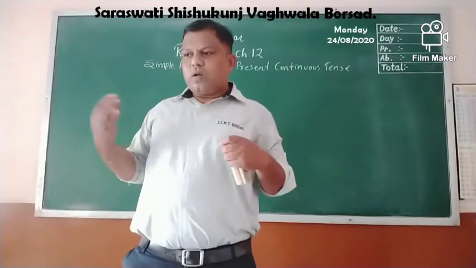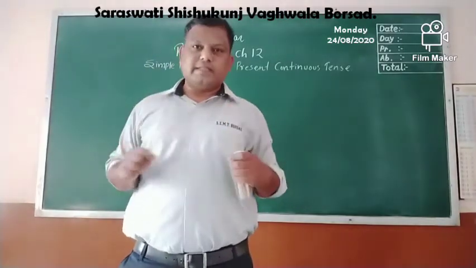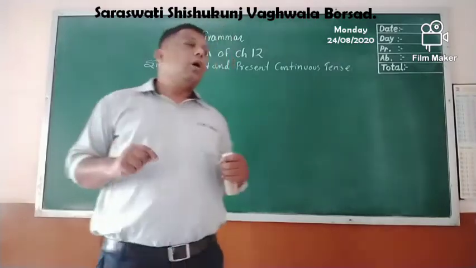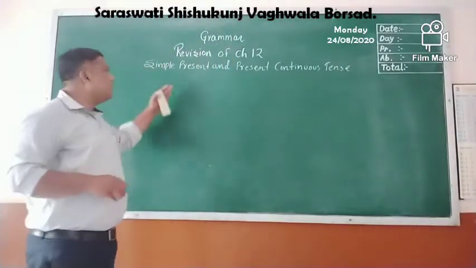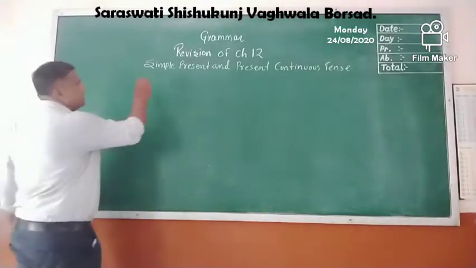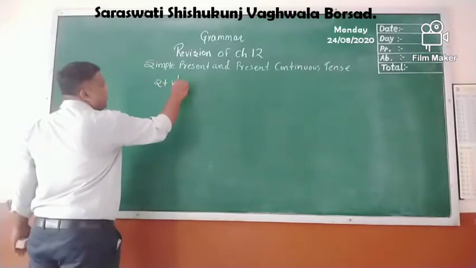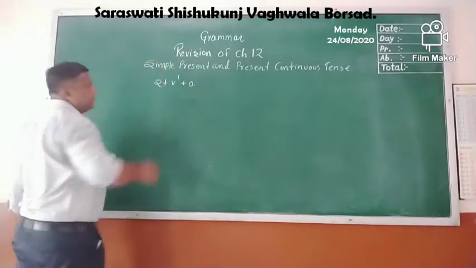So instead of solving the queries, let us understand how to solve the queries. Correct? So here it is. Let us begin with simple present tense. In simple present tense, we learn about subject plus V1 plus object.